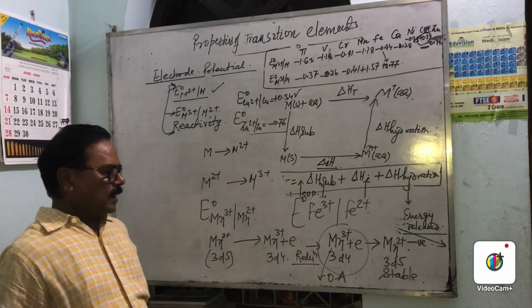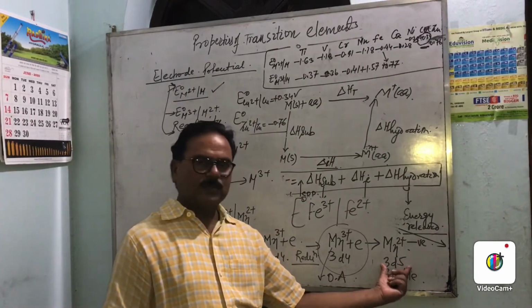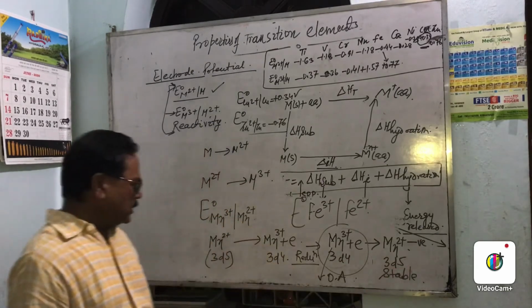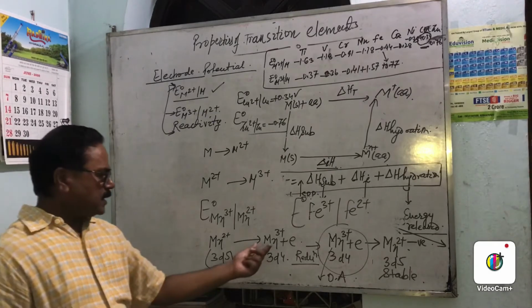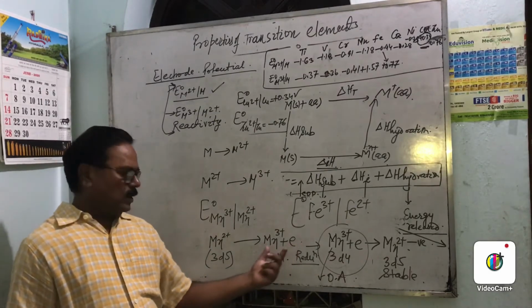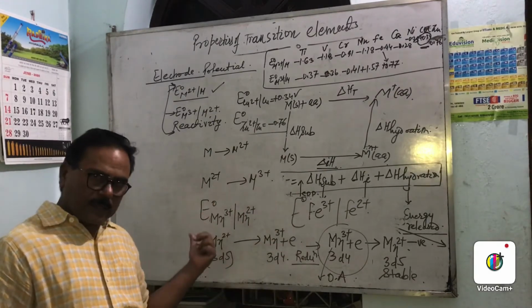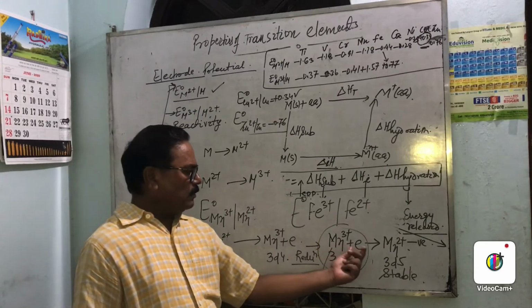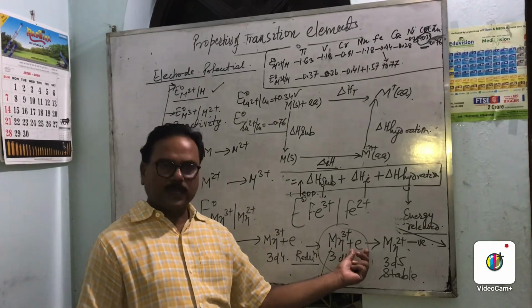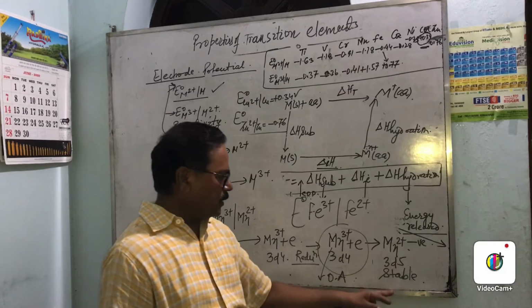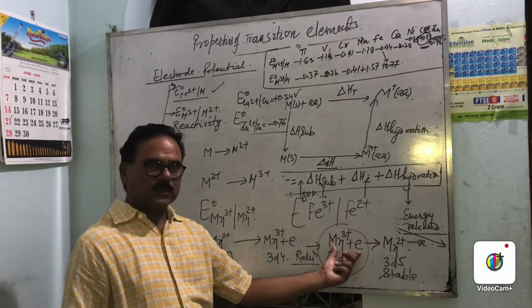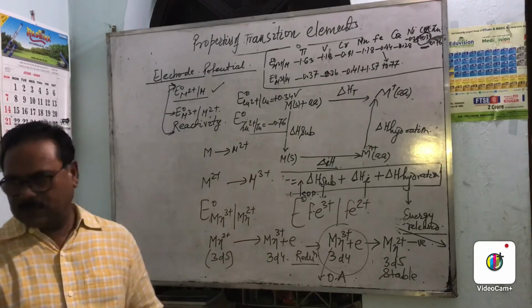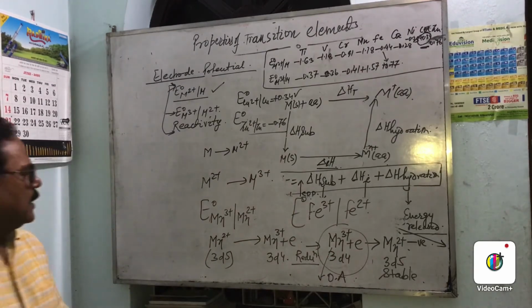Again, due to the stable configuration of 3d5, because Mn2+ is 3d5, it will have less tendency to lose electron. So rather this Mn3+ will have more tendency to gain electron, and it will attain the stable configuration. That's why, as it gains electron, it will act as an oxidizing agent, right?